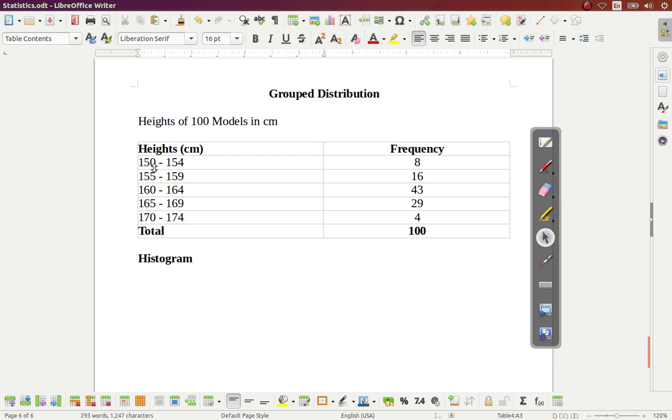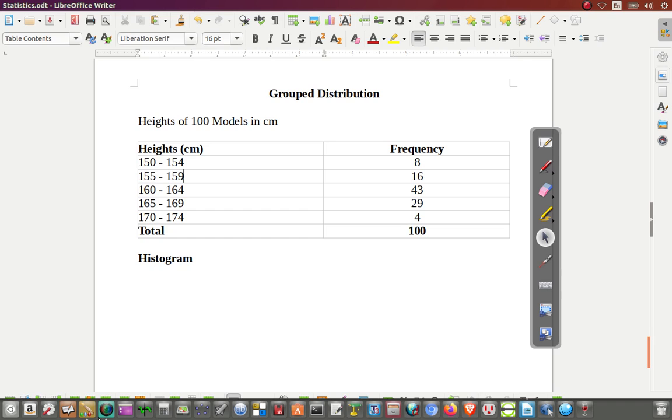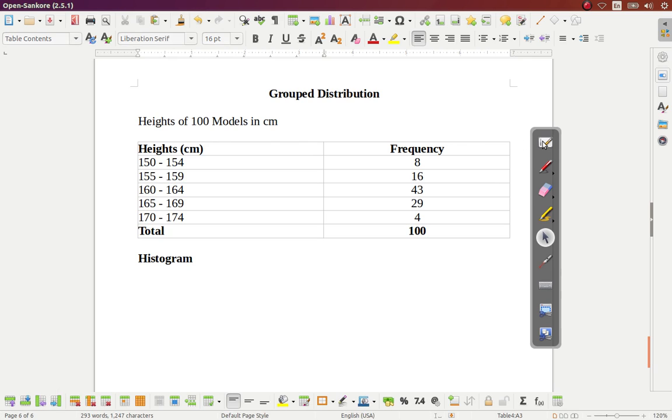It would make sense to start all the way from 0 to 150. First of all, you place these values on the x-axis, the horizontal axis of the graph, and the frequency on the y-axis.